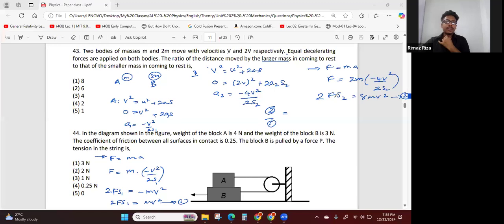On the left-hand side of equation 2 we have 2Fs2, and on the left-hand side of equation 1 we have 2Fs1. On the right, 8mv squared over mv squared. So here 2F cancels. S2 over S1 equals 8, as mv squared cancels. So the ratio, the answer, will be the first option.